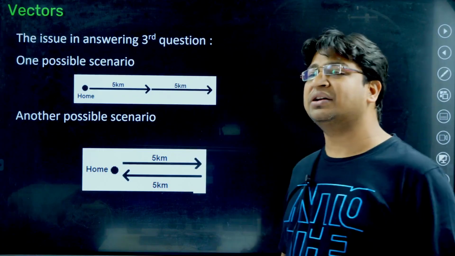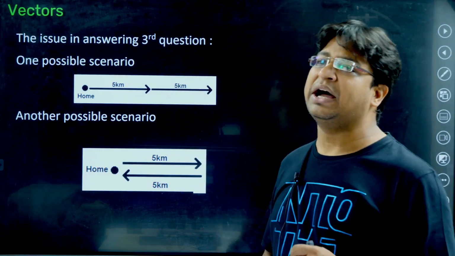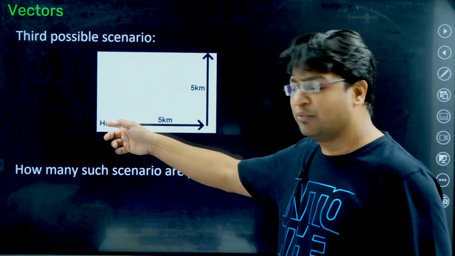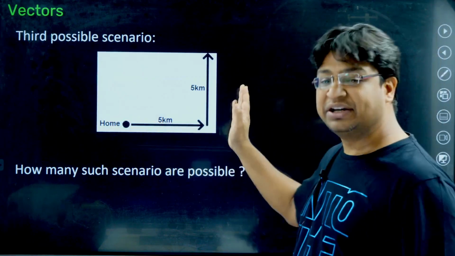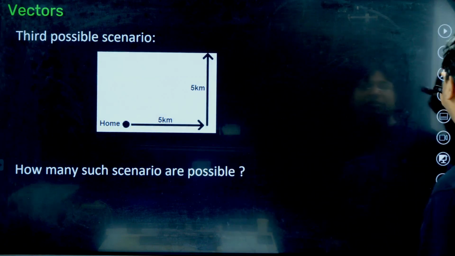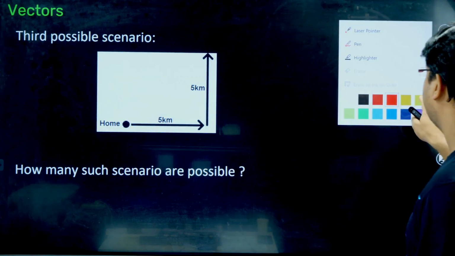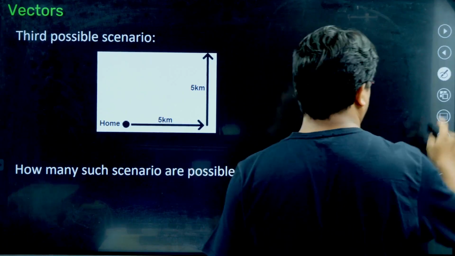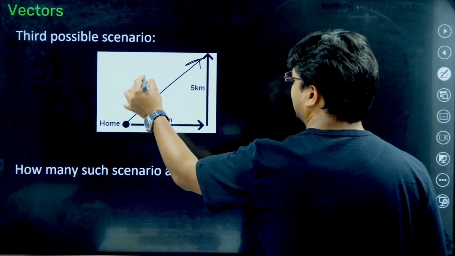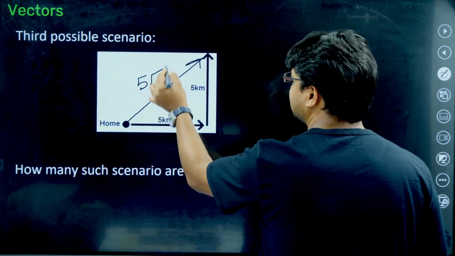If I ask you, are there any other possible scenarios? Well, I can certainly think of some. He walked 5 kilometers and then he turned by 90 degrees and walked 5 kilometers more. In this case, will you be able to tell me how far Rahim is from his home? I think you all will agree with me if I say that this distance would be 5 root 2. So that would be the answer in this case.